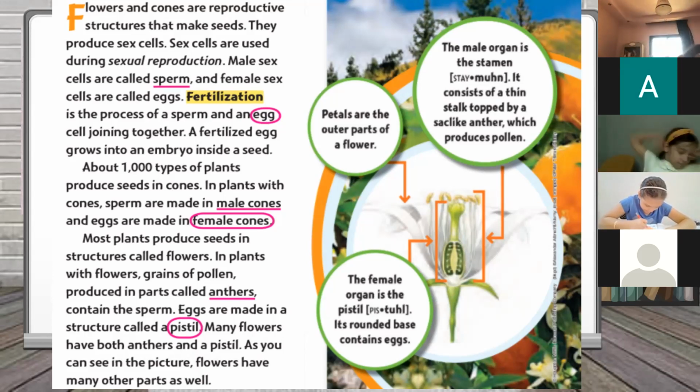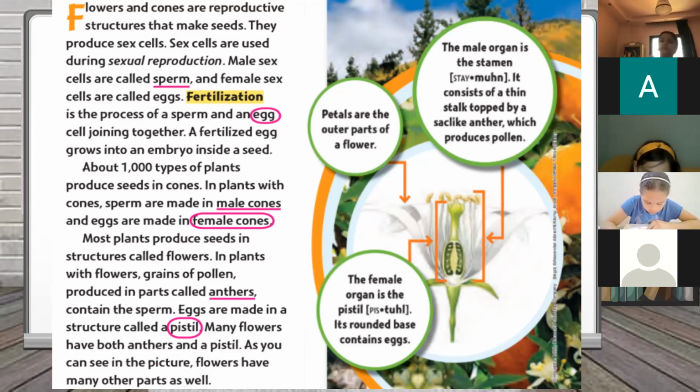This fertilization process is the sperm joining the egg. When the sperm joins the egg, it gives you a fertilized egg. When it grows more and more, it gives you the fruit, starting with the seed.